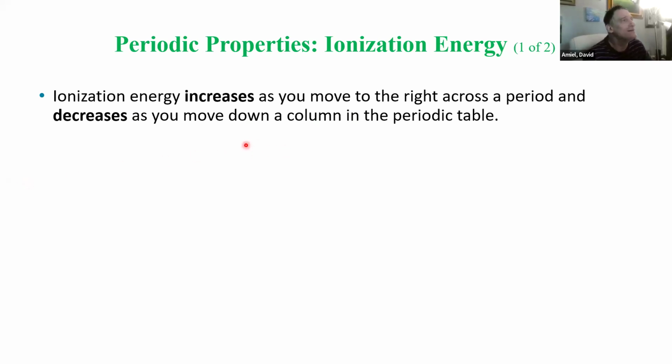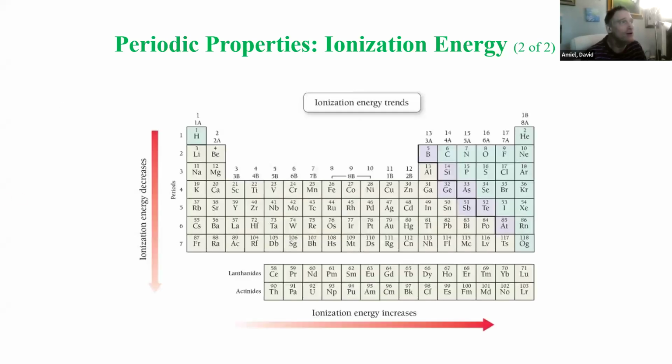Okay, another trend is called the ionization energy. The ionization energy is how much energy you need to spend in order to remove one electron. How easy is it to strip an electron off an atom? That is the ionization energy, and it increases left to right and decreases down a group.